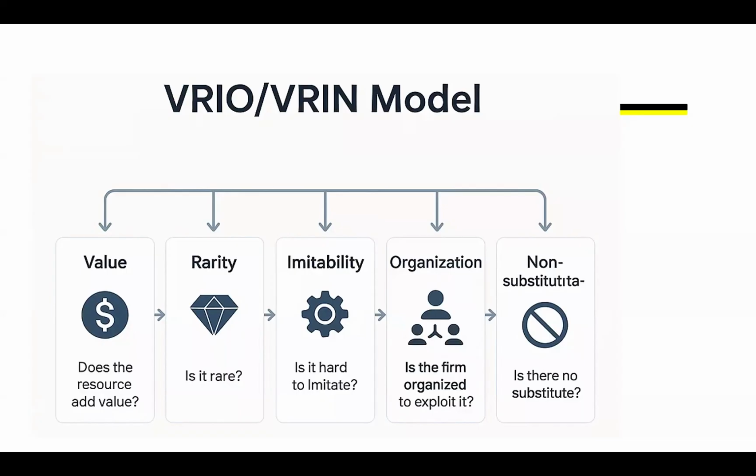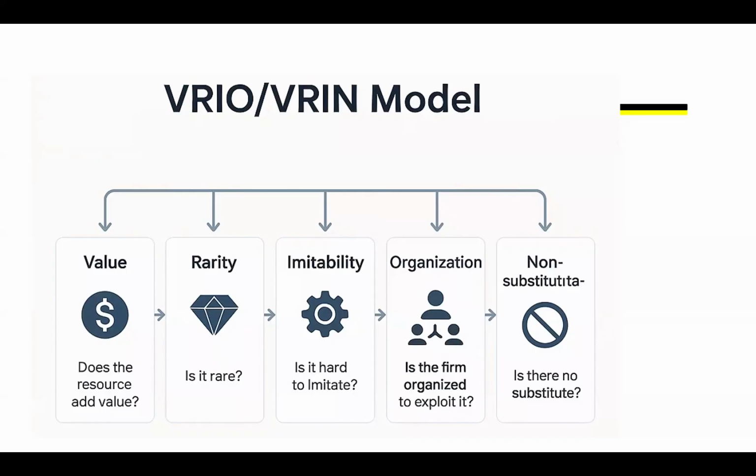But on the other hand, something very rare will also pose some threats, because it's rare for you and rare for everyone else. If you don't get that resource, how are you going to continue your production? So that's the rarity.